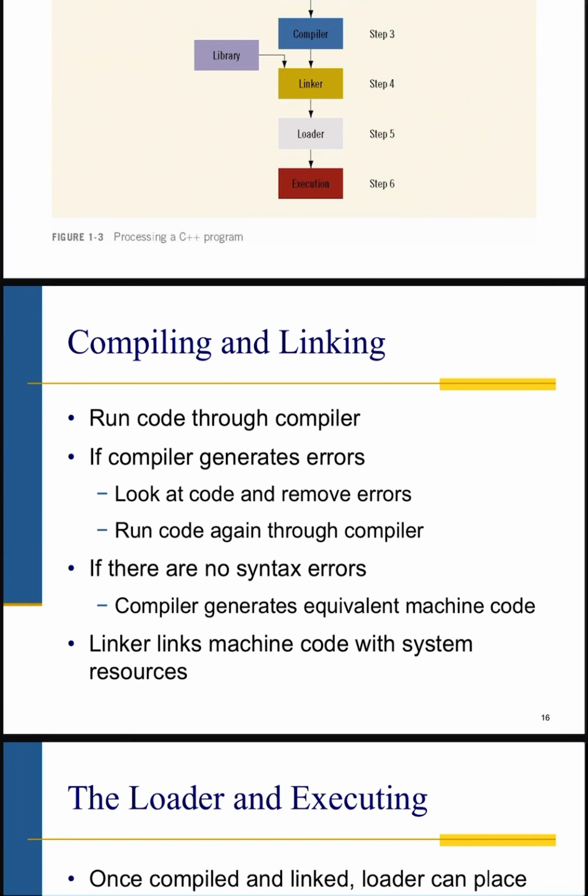Compiling and linking. Run the code through the compiler. If the compiler generates errors, look at the code and remove the errors. Run the code again through the compiler. If there are no syntax errors, the compiler generates equivalent machine code. The linker links the machine code with system resources.